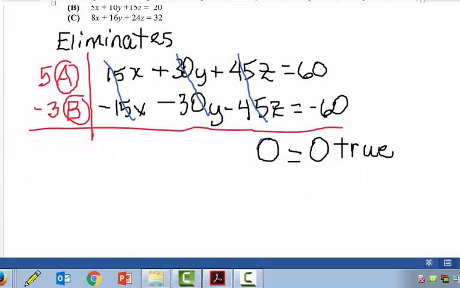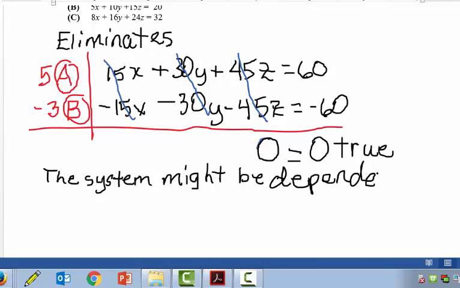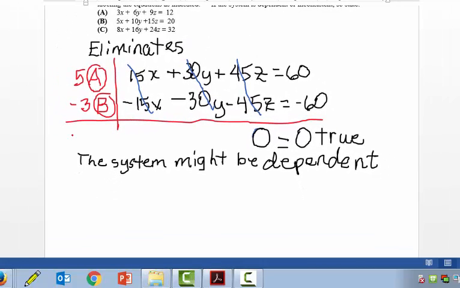So 0 equals 0 is a true equation. So all I know at this point is that the system might be dependent. Because I have not used all 3 of the equations, I cannot conclude that the system is dependent until I see what happens when I involve equation C.